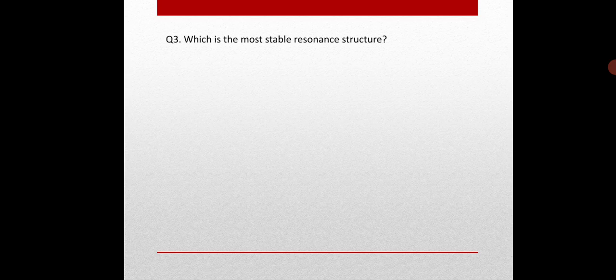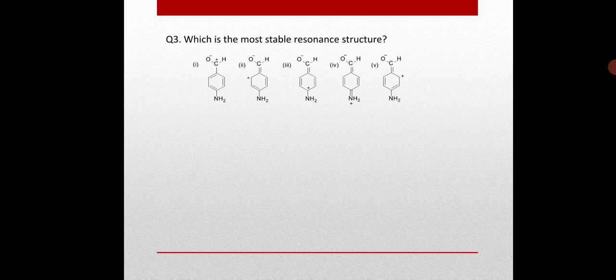Which is the most stable resonance structure for para-amino benzaldehyde? Para-amino benzaldehyde can have these 5 resonance structures. Now out of these resonance structures, which will be the most stable, that we need to find out.